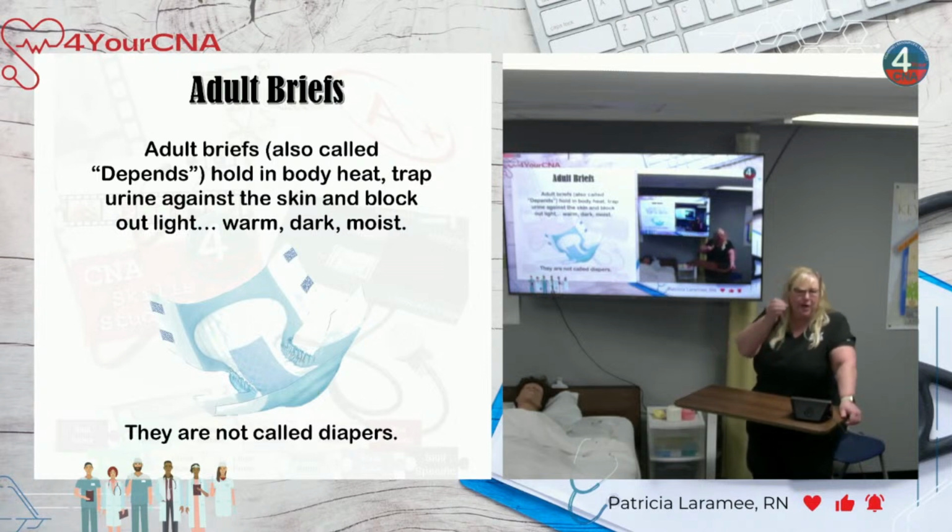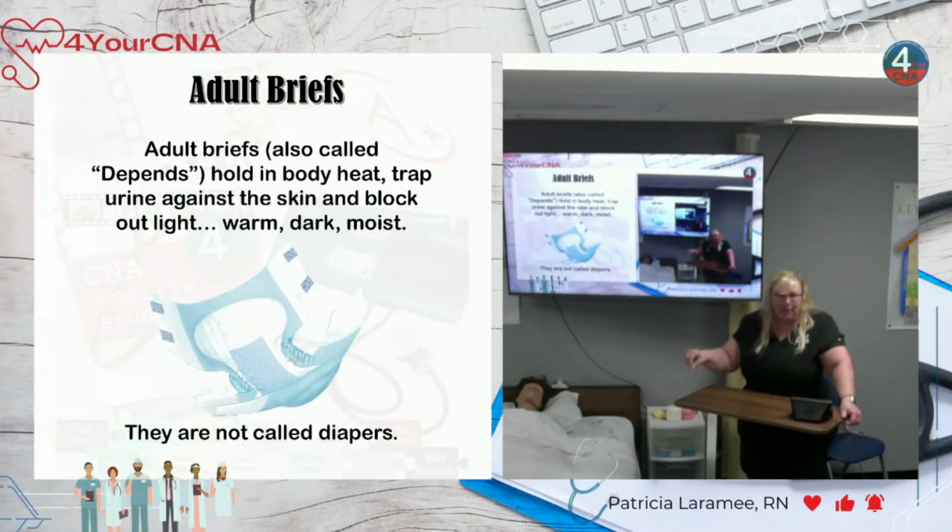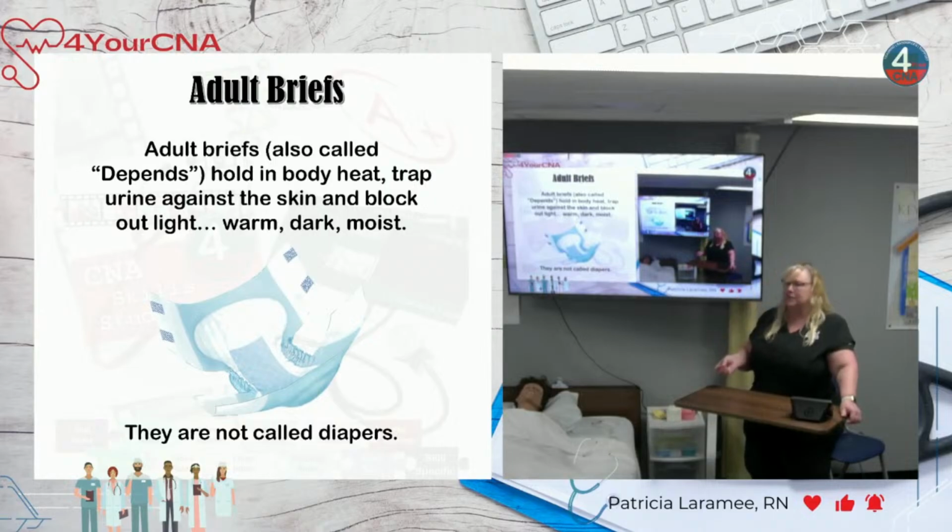So now we've got a warm, dark, moist, acidic environment, which is the ideal breeding environment for all things bad. So patients in adult briefs often end up with yeast infections, skin issues, urinary tract infections, rashes, all kinds of really bad things. This is not the solution we're looking for.